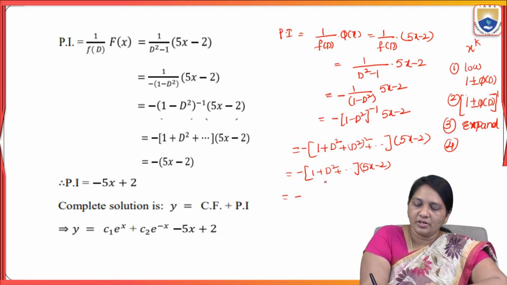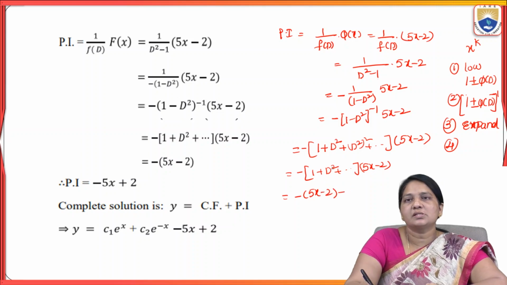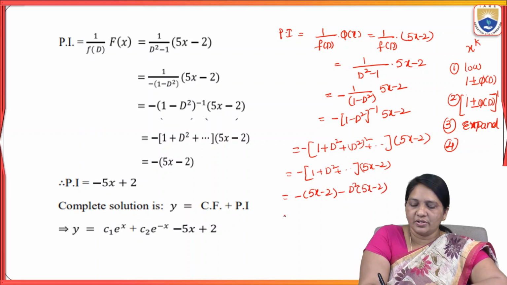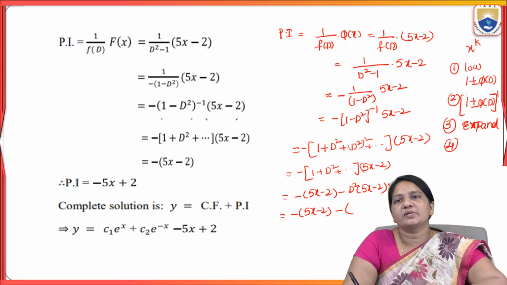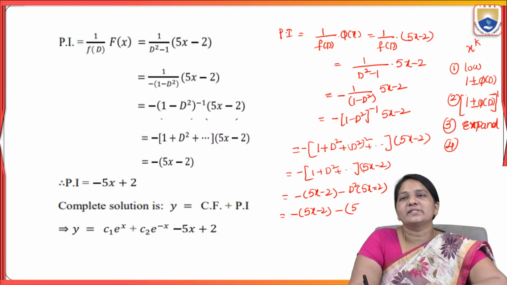So minus 1, so minus of 5x minus 2, plus D square of 5x minus 2 into minus. The first derivative of 5x minus 2 is 5.